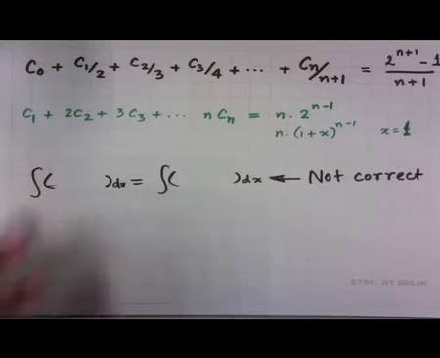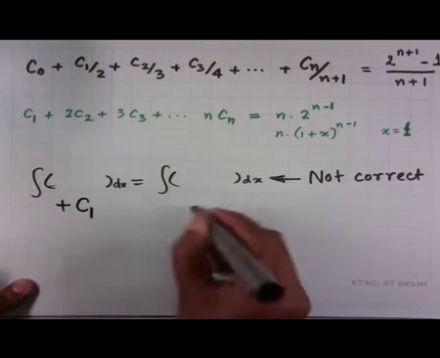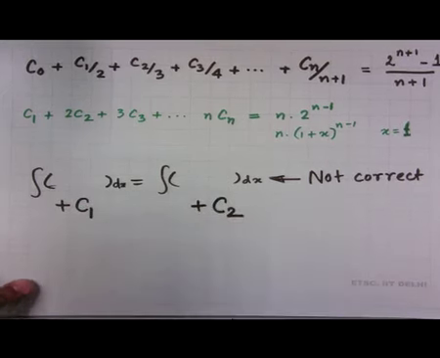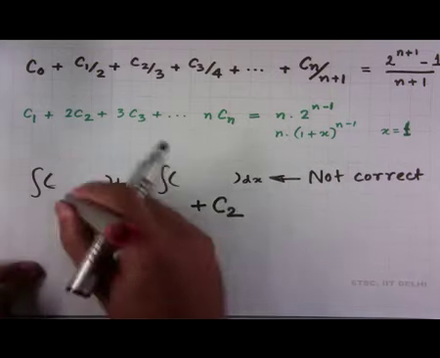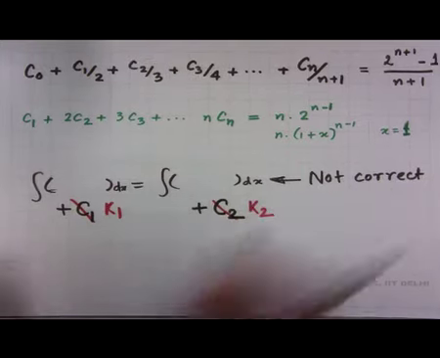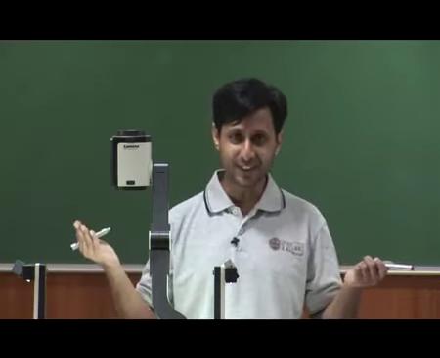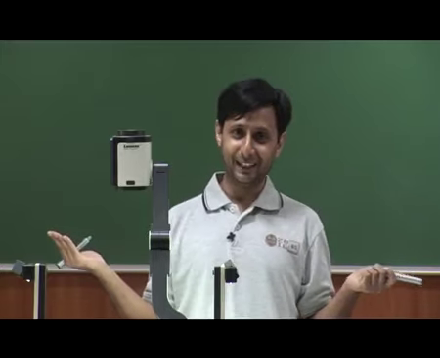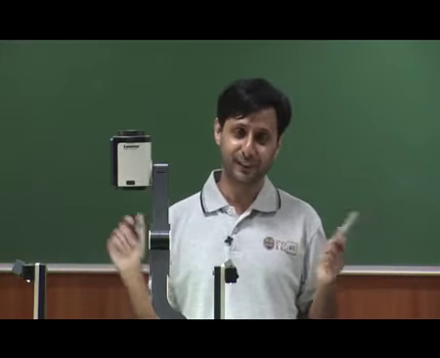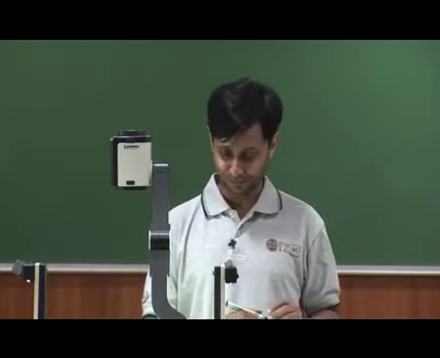How do you correct for these constants, K1, K2? How do you get rid of the arbitrary constant? You have to use a definite integral and not an indefinite integral. That will fix the problem.